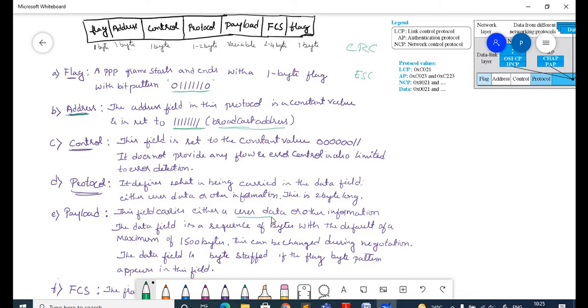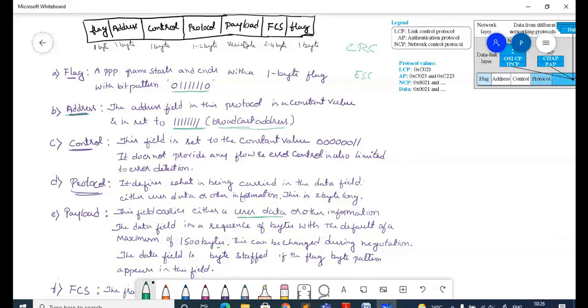User data means what data the user wants to exchange. Other information indicates some other type, such as acknowledgement information, or control or management information. If the data field is a sequence of bytes, the default maximum is 1500 bytes. So this payload length may go up to 1500 bytes. It cannot exceed more than that.